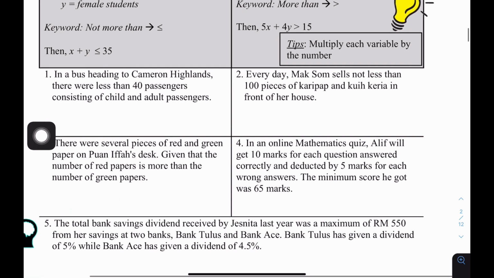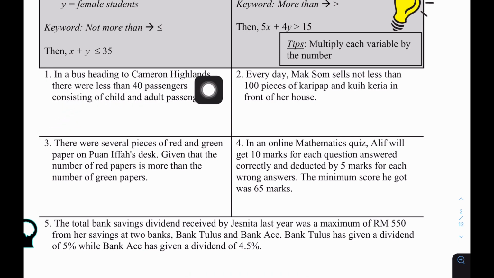Okay, kita tengok nombor 1. In a bus heading to Cameron Highlands, there were less than 40 passengers consisting of child and adult passengers. Di sini kita ada keyword less than 40. Lepas tu kita ada child and adult.